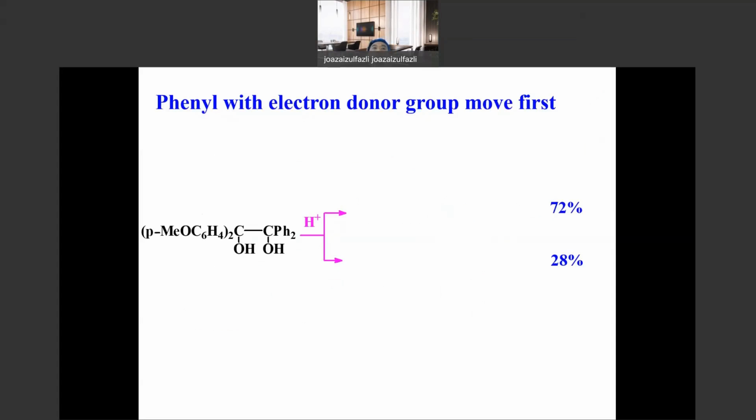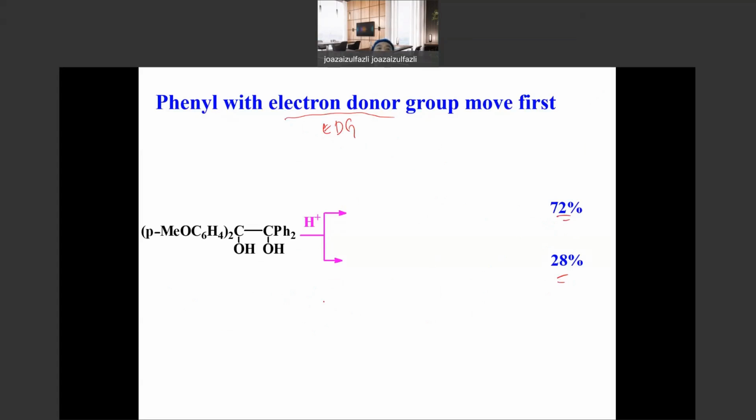And then for a phenyl with an electron donating group, EDG, which we already discussed before, it moves first. For example, in this case there are two products, one major and one minor. The major product is the one where the migrating group is the phenyl with EDG, in this case a methoxy.